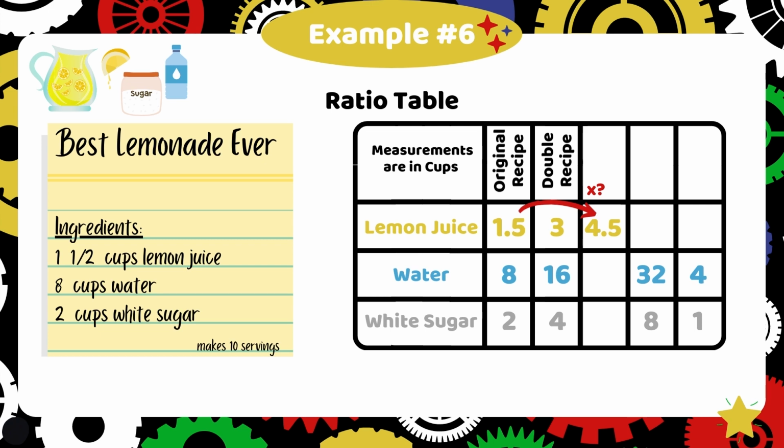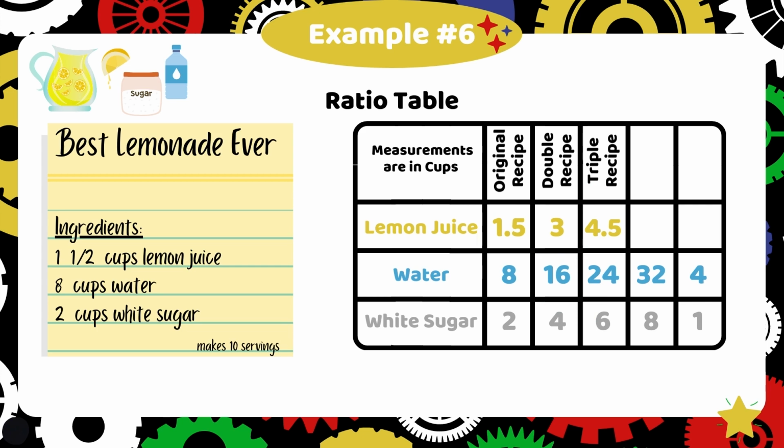Just use a calculator. 4.5 divided by 1.5 is 3. So that means that we could multiply the original recipe by 3 to get this third column. 8 cups of water times 3 is 24 cups, and 2 cups of white sugar times 3 is 6 cups.